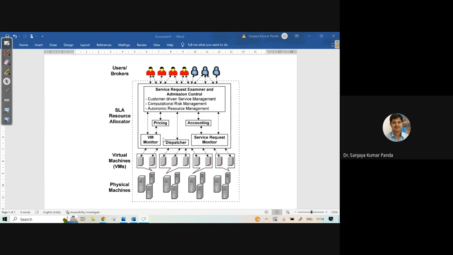You have seen different types of dispatchers in operating systems also. Can anybody tell what are the dispatchers you have studied in operating systems? What are the different types of dispatcher?